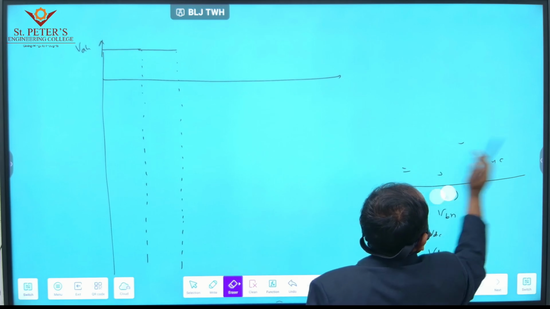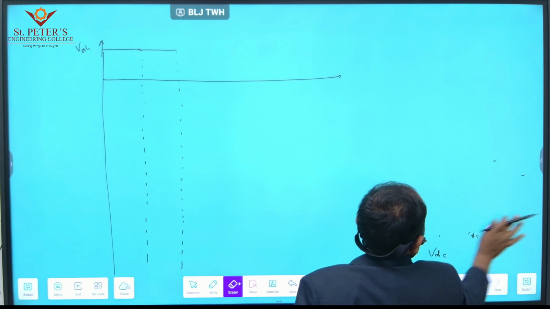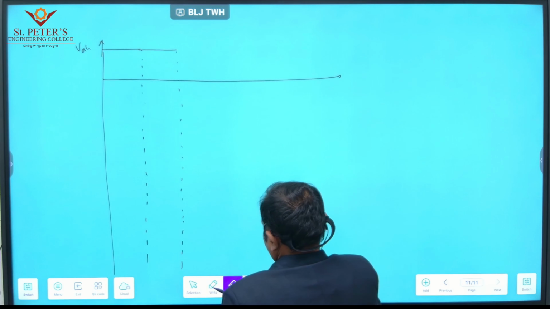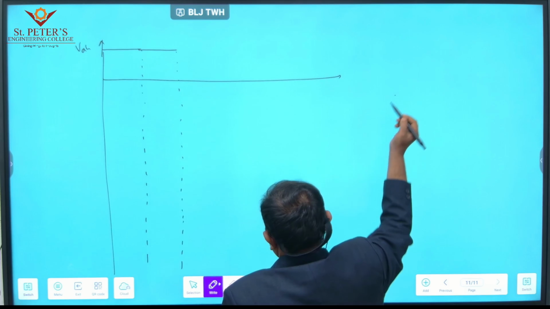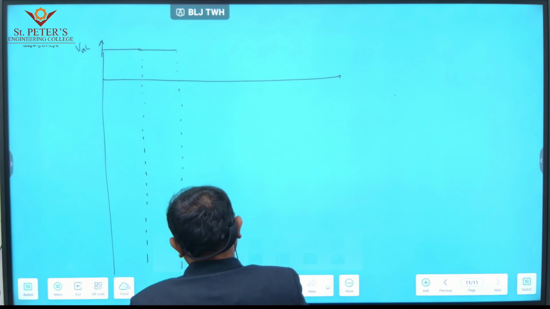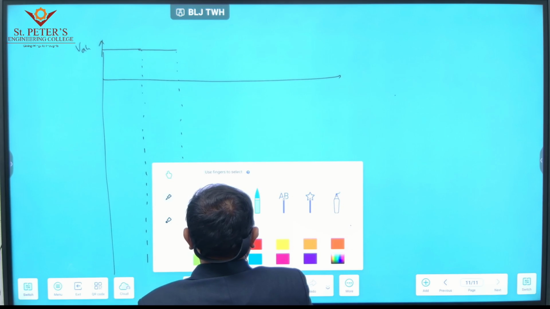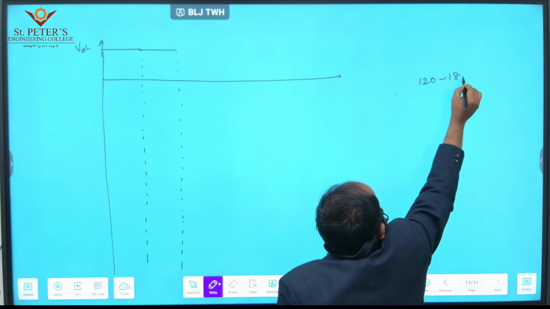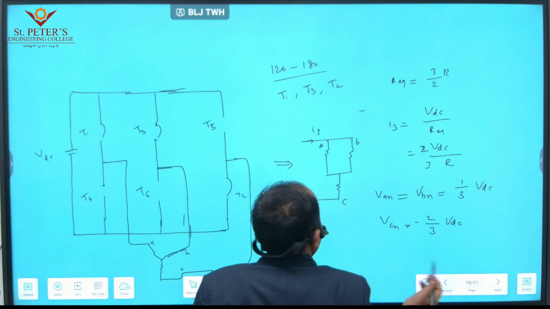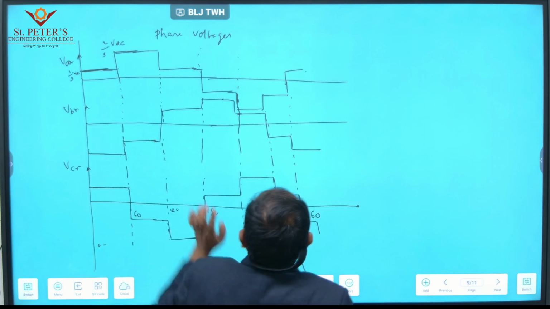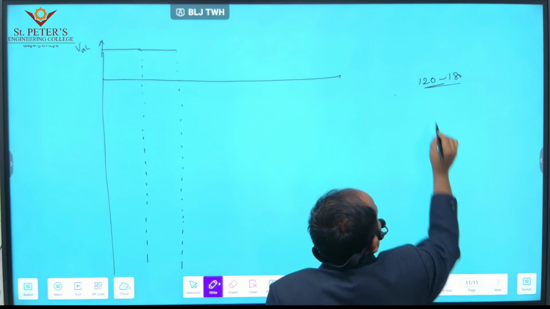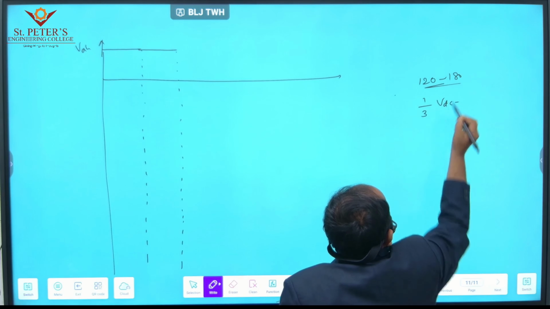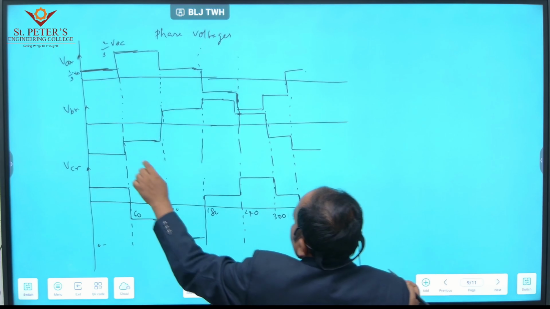For 120 to 180, what is VAN? VAN is 1 by 3 VDC, minus VBN.